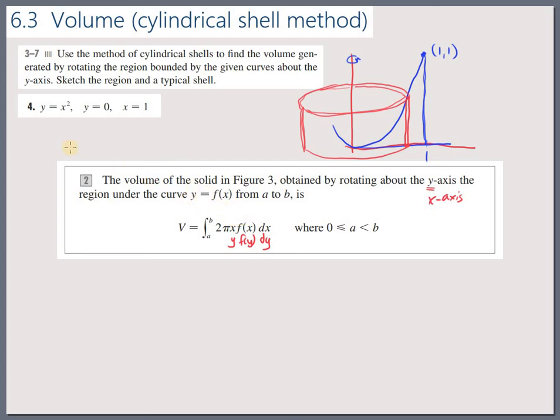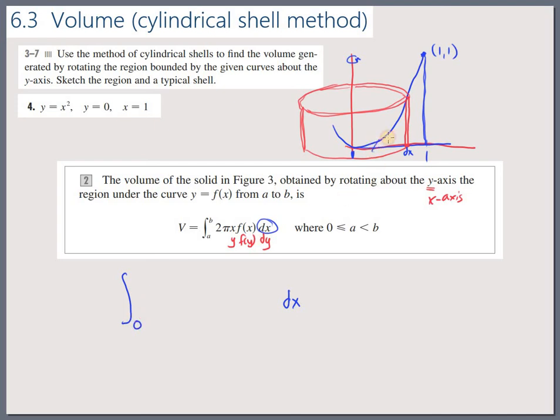So let's see if we can set this up. Looking at my particular rectangle, I've got a little bit of dx there. Again, that matches the original formula. So I'll do an integral in terms of x. My x limits go from 0 to 1.